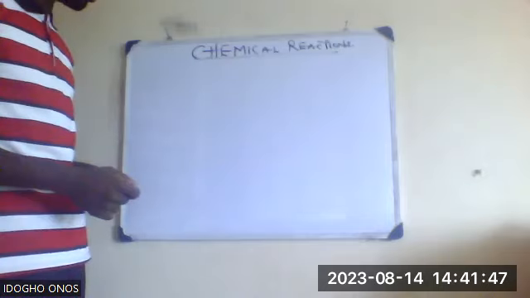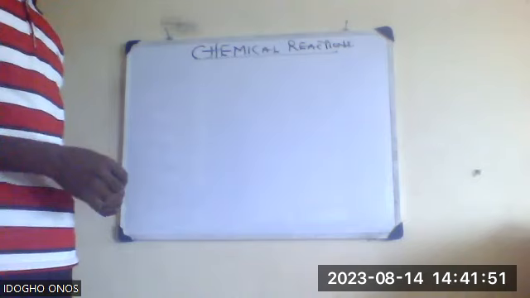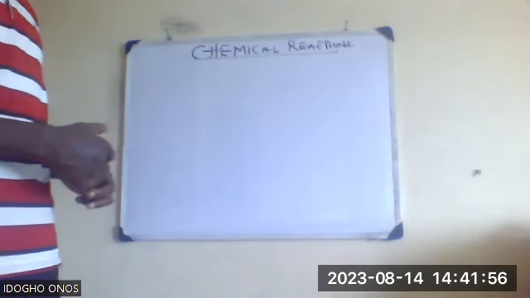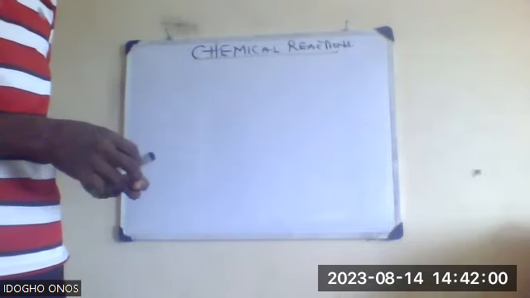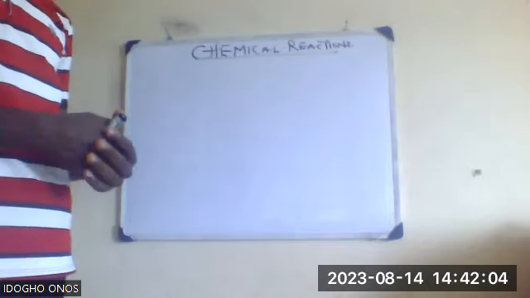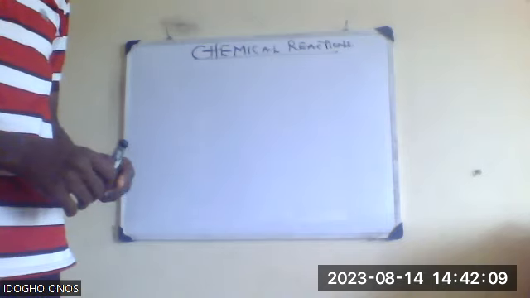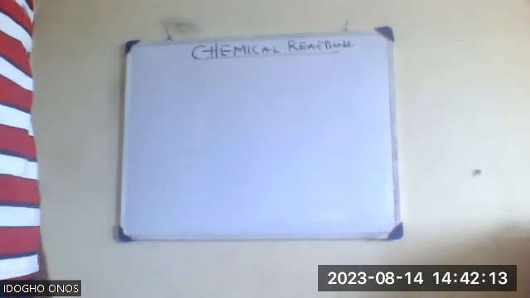We'll talk about the periodic table during this section, and that is the first two topics in the scheme for SS2. After the periodic table, we should have chemical reactions, which is the build-up to that. For chemical reactions, the scheme is for week 3 and week 4, so we'll quickly look at what we can cover as fast as we can.